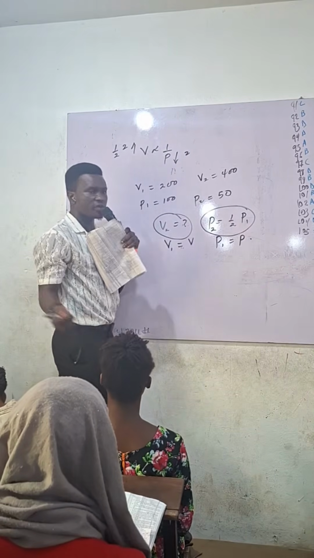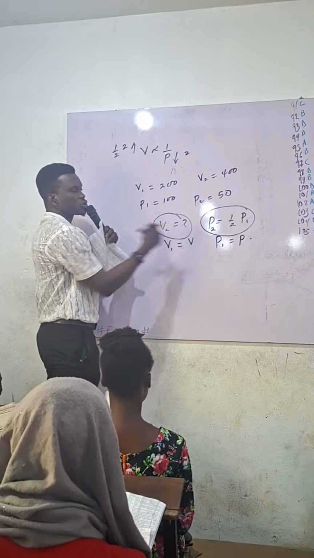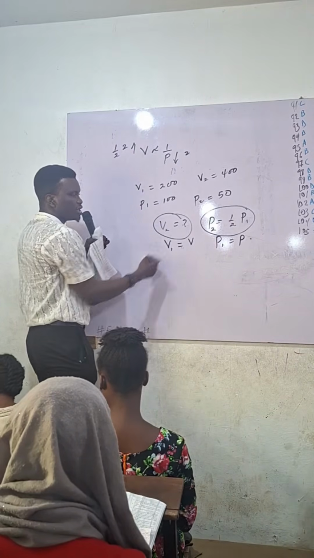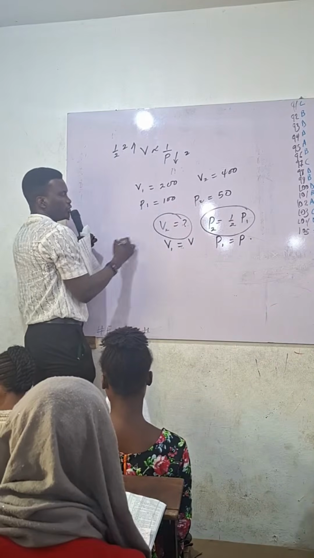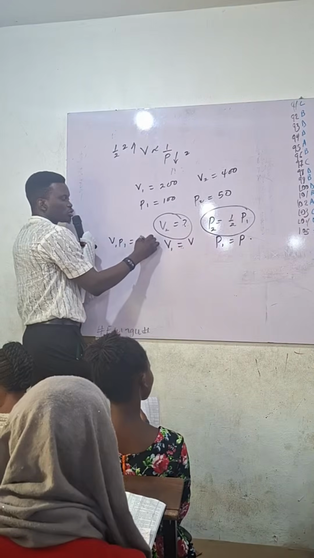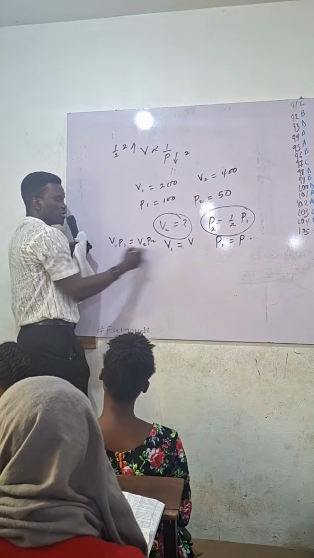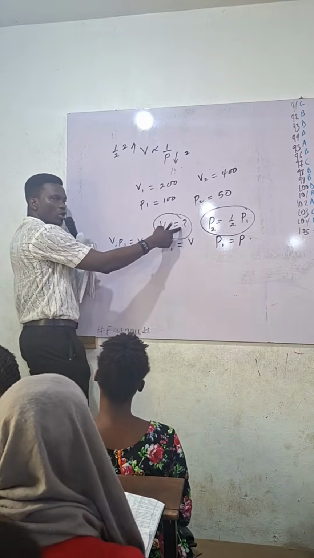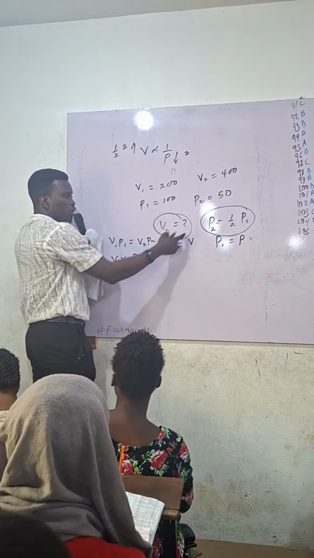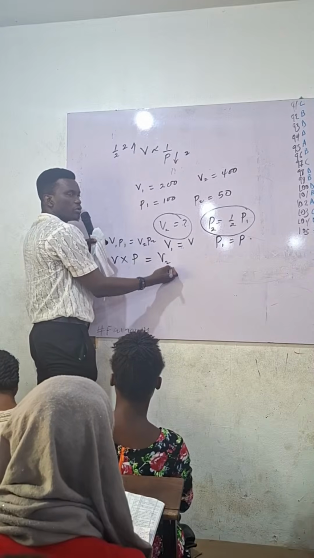So let's solve it. If P2 is 1 over 2 P1, what do you think will happen? That means you can say V1 P1 is equal to V2 P2. Your V1 is V, and your P1 is P. Then V2 is what you are looking for.